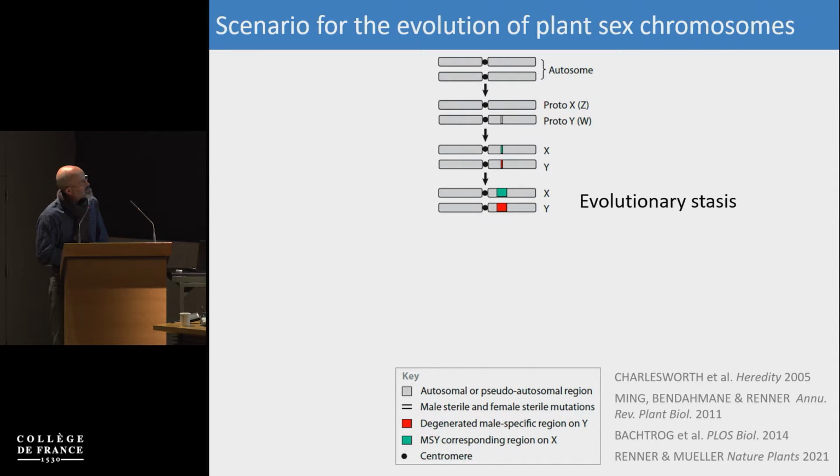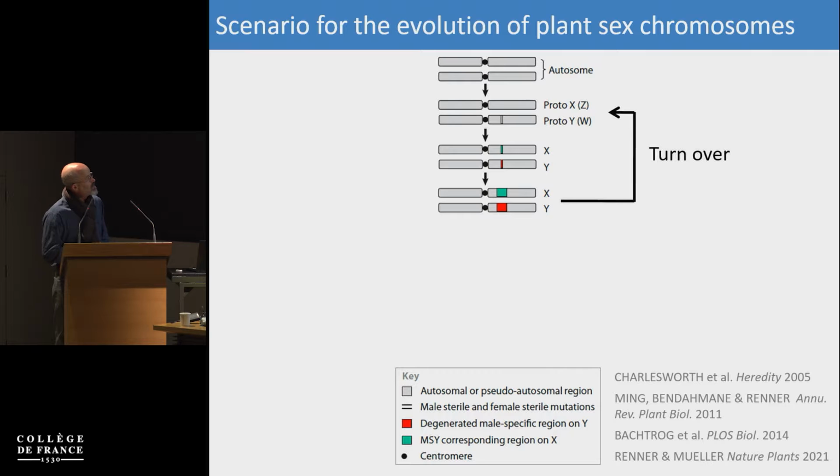We have some cases of old homomorphic systems in which the non-recombining region has remained small, and we also have cases in plants in which the sex chromosomes didn't have time to differentiate, simply because they were replaced by a new pair of sex chromosomes.